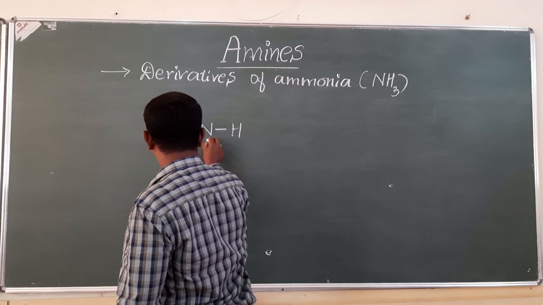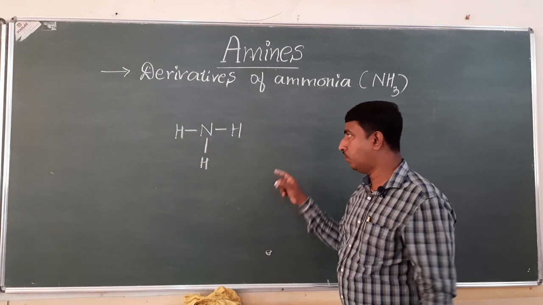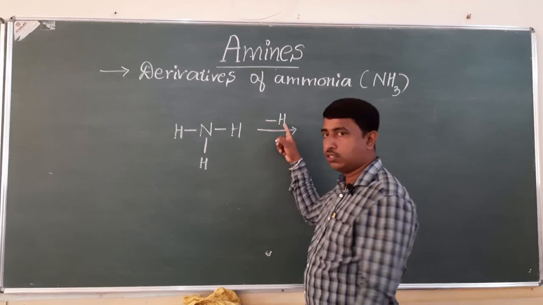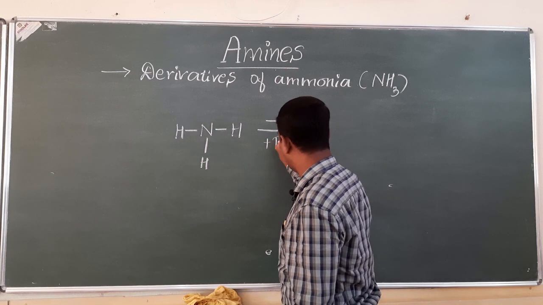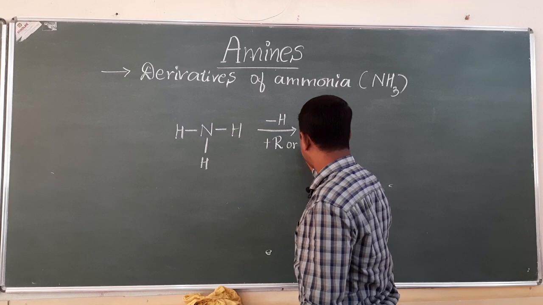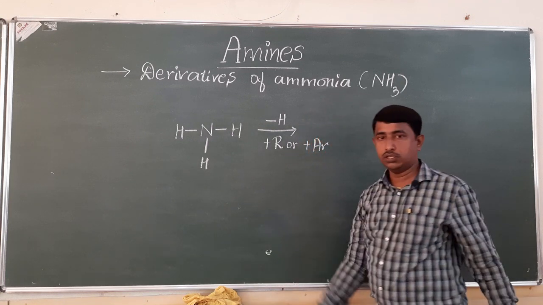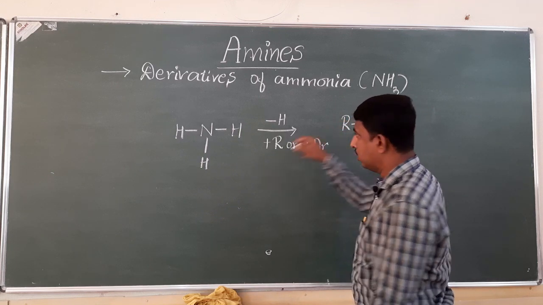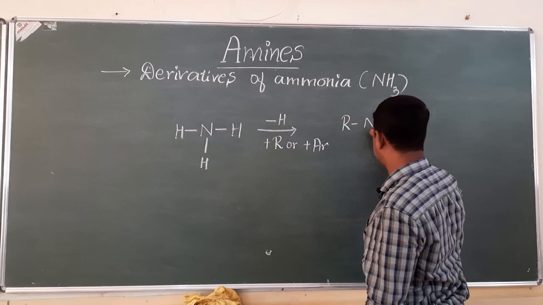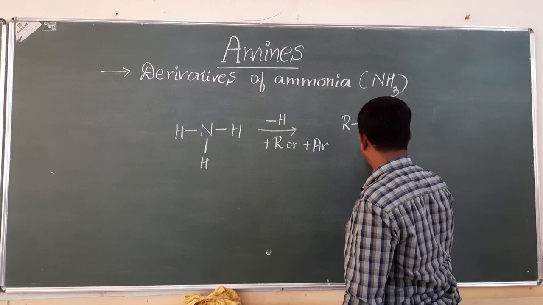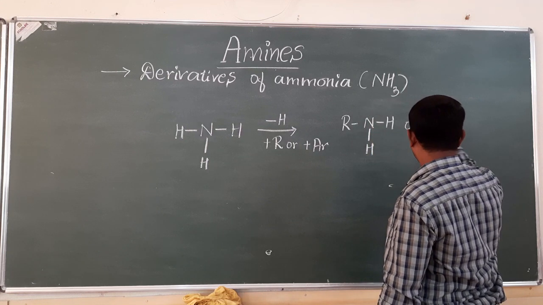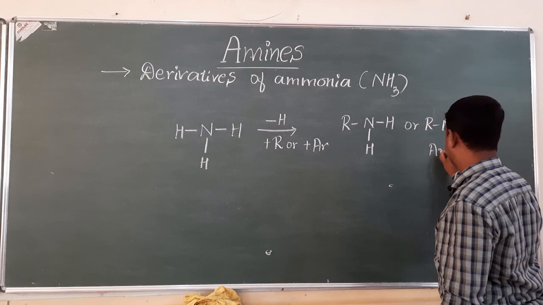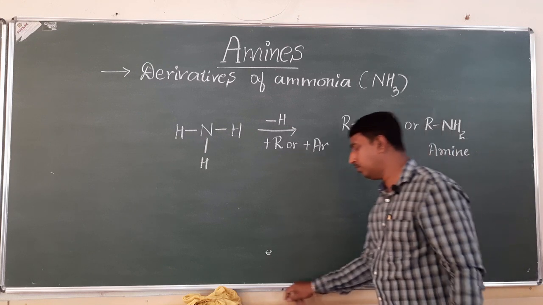If I replace one or more hydrogen atoms of ammonia, I will remove one hydrogen, and in the place of hydrogen, if I substitute an alkyl group or an aryl group, I will write R. So we get RNH2. This is the formula of an amine.